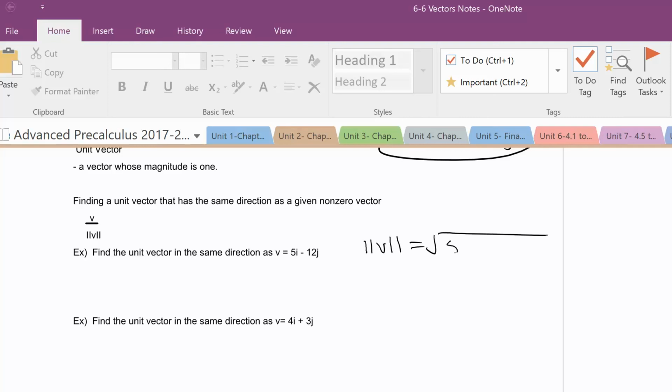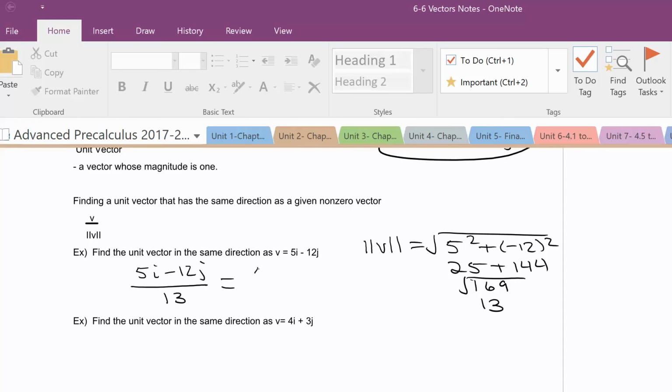So I take the square root of 5 squared plus negative 12 squared. 25 plus 144 is 169. The square root of 169 is 13. So I take 5i minus 12j and divide it by 13. So it's 5/13 i minus 12/13 j. That would be the unit vector in the same direction as 5i minus 12j.